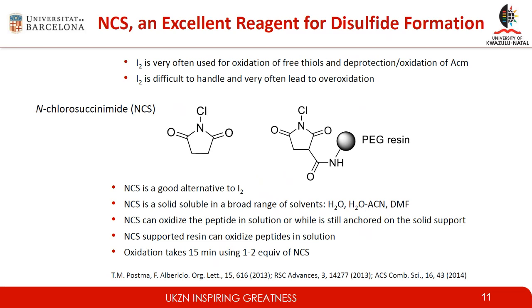It is a solid, a good alternative to iodine, and is soluble in a broad range of solvents, from water and water-acetonitrile, very convenient for peptides, to DMF, very convenient to make this oxidation on solid phase.